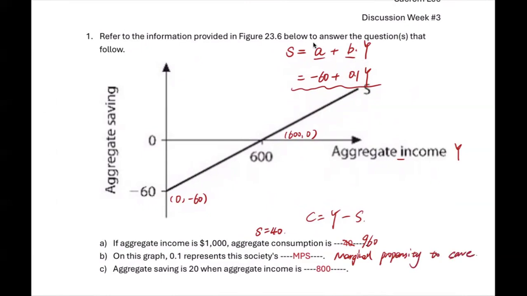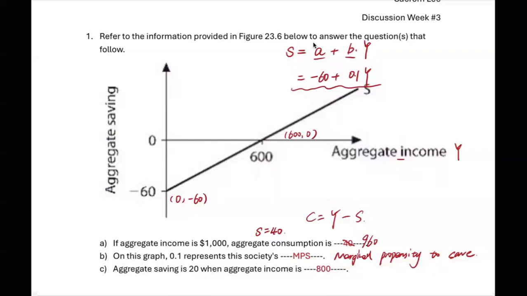Which means that if your income increased by $1, then your saving will increase by $0.1. So you are using 10% of your total income to be the aggregate saving. So this is called the marginal propensity to save.